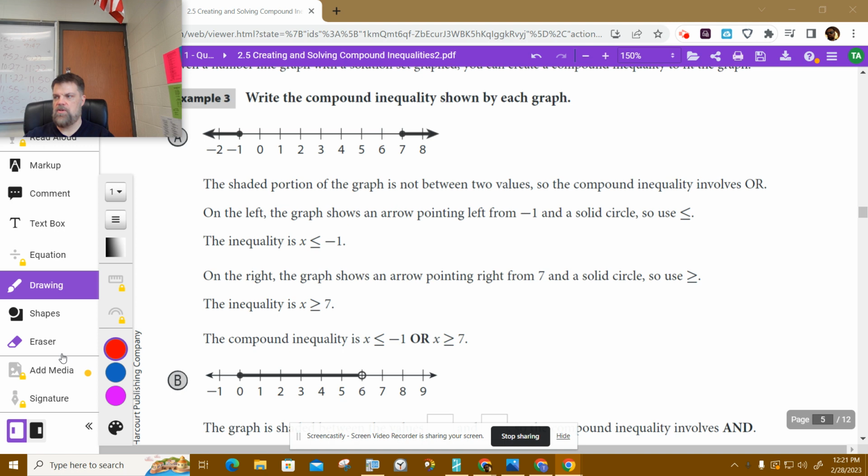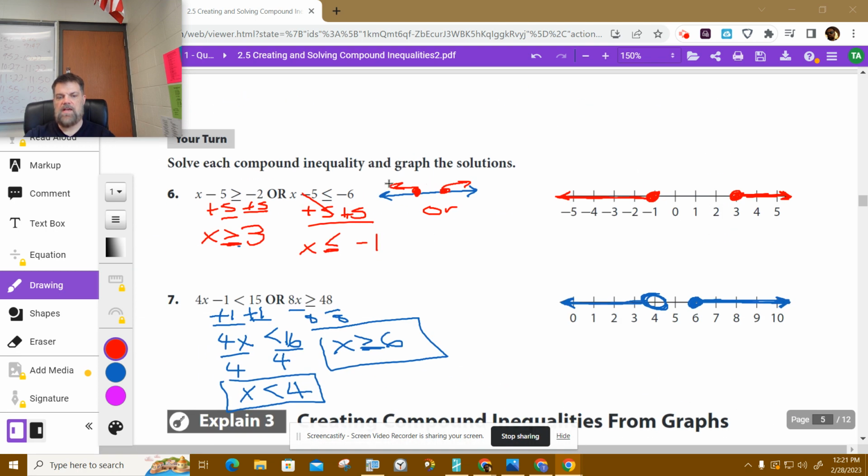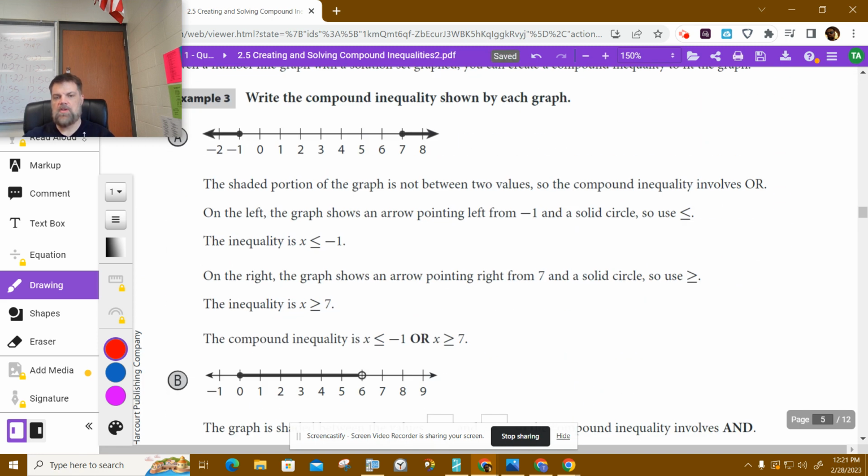If it opens up, look in your notebook packet real quick. If it opens up like that, look, I just wrote it down right here. If you guys are writing down what I'm writing down, you'll know. I said if it opens up, then it's or. So right away, just by looking at the graph, I know that it's or, and I know that or represents a union.